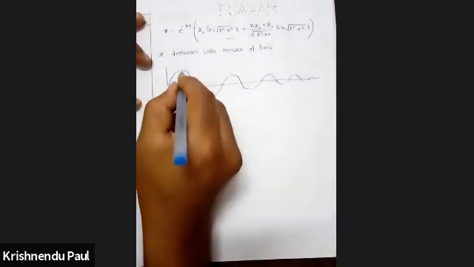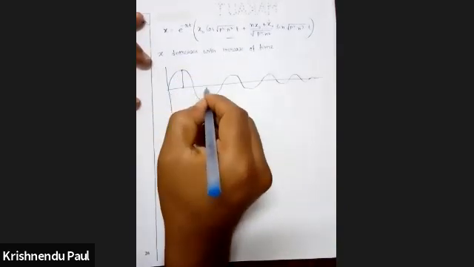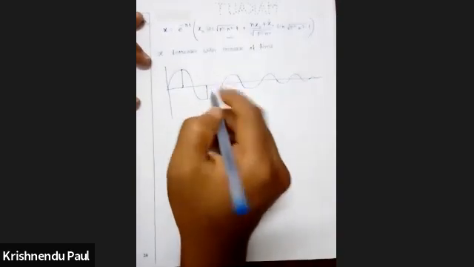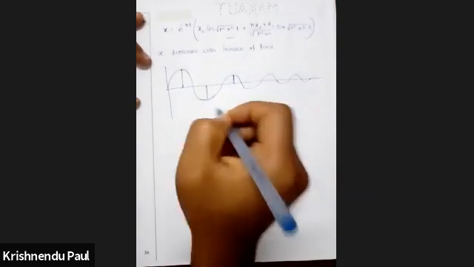So the maximum displacement for the first cycle may be like this, then it will decrease in the second cycle, like that.